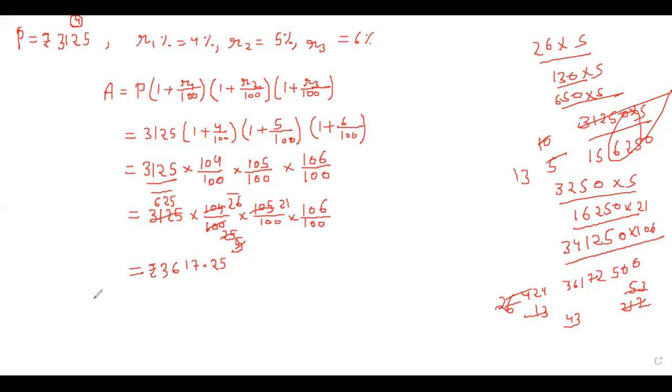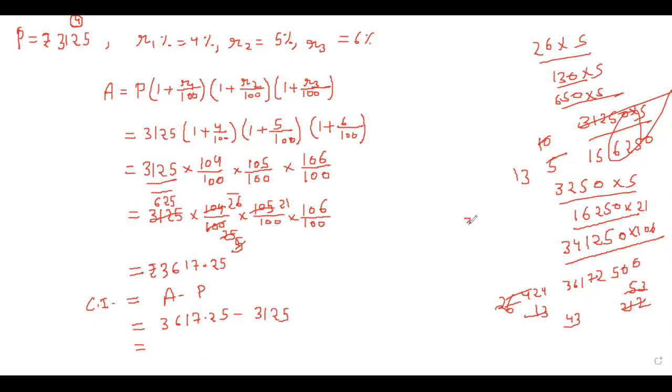And then we find the compound interest, as we have to find only the compound interest, which is amount minus principal. Now, the amount is 3617.25 minus the principal, 3125.